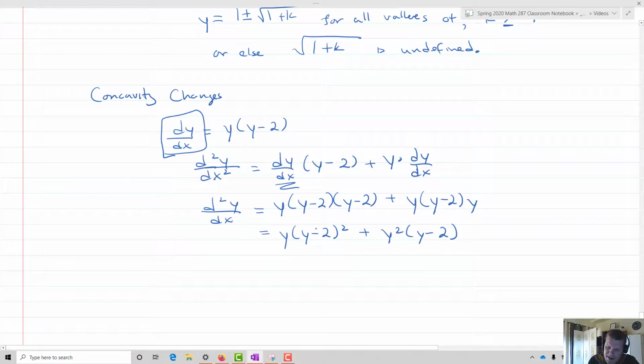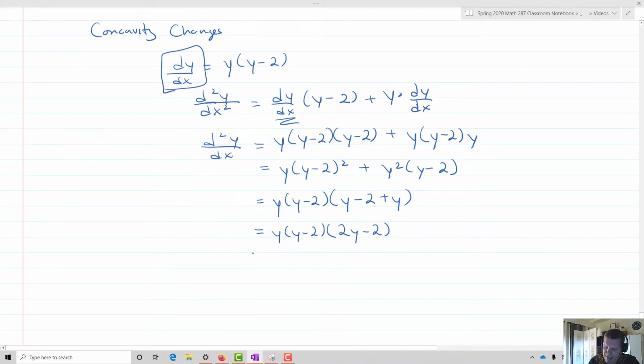So now I'm going to do some simplification. I'm going to pull out y times y minus 2, and that's going to leave me with y minus 2 plus y. And so this ends up equaling y times y minus 2 times 2y minus 2. And now that is going to get set equal to 0.